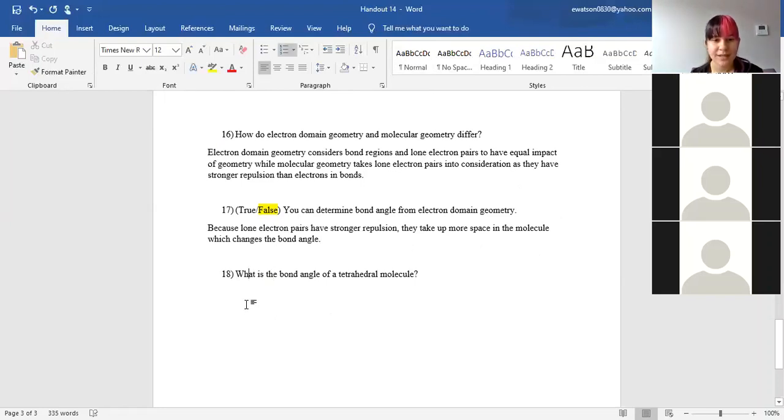Okay, and lastly, what is the bond angle of a tetrahedral molecule? One thing I want you to notice is on your sheet, whenever there are no lone electron pairs, the molecular geometry is exactly the same as the electron domain geometry. So when I say tetrahedral, I mean tetrahedral, tetrahedral, but we don't say it twice, we only say it once. So if they're asking you for a bond angle, you can assume that this means there are no lone electron pairs and that the molecular geometry is tetrahedral.